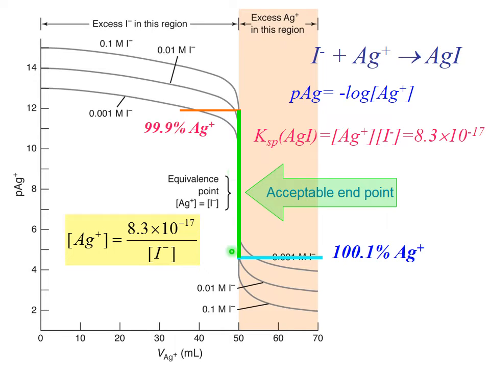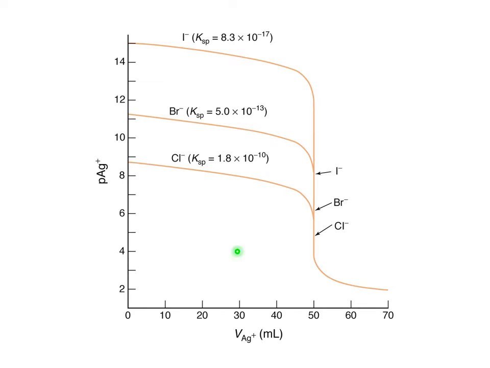It's a very sharp jump, very large in this case. And the reason is the much lower solubility of silver iodide. The lower the solubility, the sharper the jump in concentration of silver. So when we compare all halides, chloride has a reasonably visible jump, bromide has larger, and iodide has even larger.